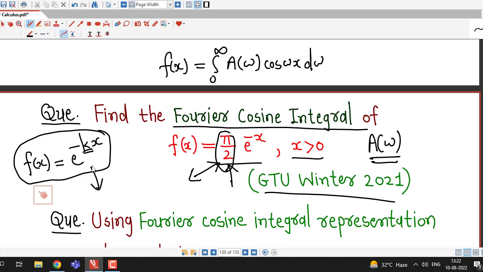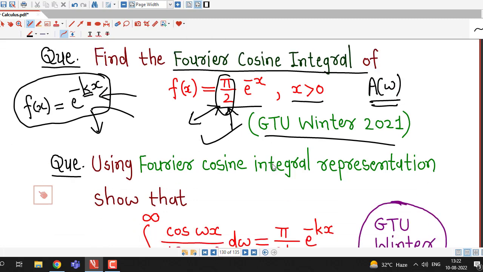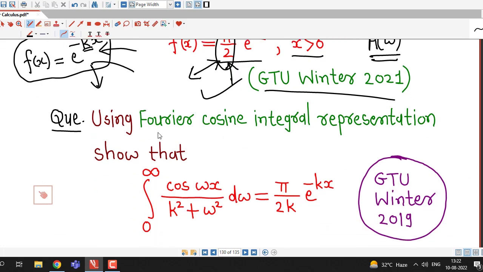But because we have done this similar question in this lecture, e raised to minus kx, I am not doing this. Here, using Fourier cosine integral representation, show that the integral from 0 to infinity of cos omega x over k square plus omega square d omega is pi over 2k e raised to minus kx. So this we have done, so I am not doing this. This can be done using Fourier cosine integral, which we just discussed.